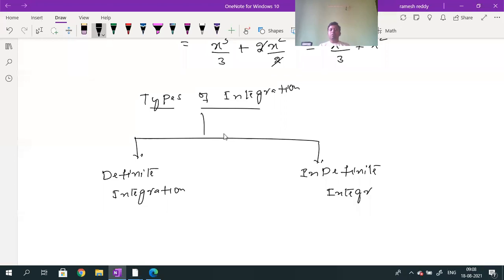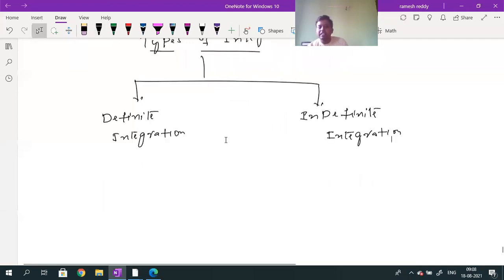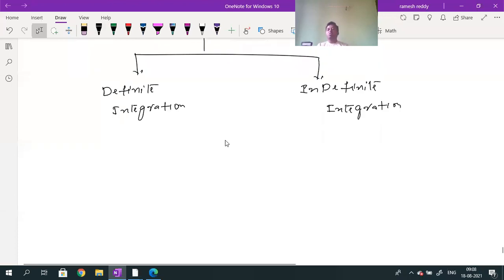So you will come to know what is definite integration and what is indefinite integration. Till now what I discussed is for the indefinite integration. In indefinite integration, you are not told from where to where you have to do the integration. Now the formula I wrote, the integration of x power n into dx.